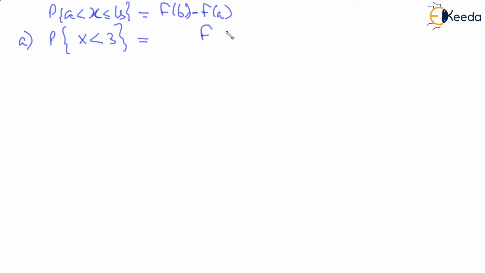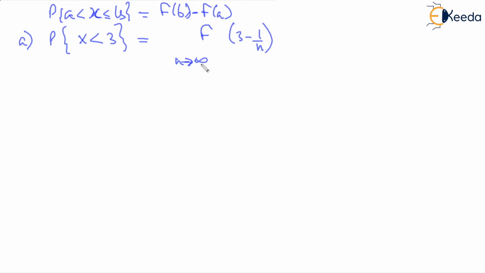So from this you can relate that the upper limit is b, but this is less than 3, and there is no lower limit. If there is no lower limit, it means it can go up to the lowest random variable possible, and the lowest random variable possible is x equal to 0. We have seen this, right? So this means we'll have to find a limit of 3 minus 1 by n, where n tends to infinity.